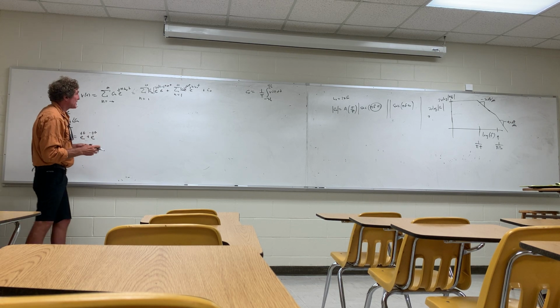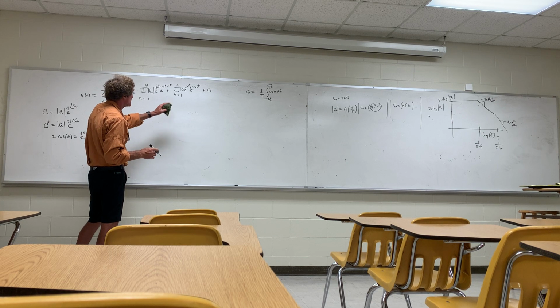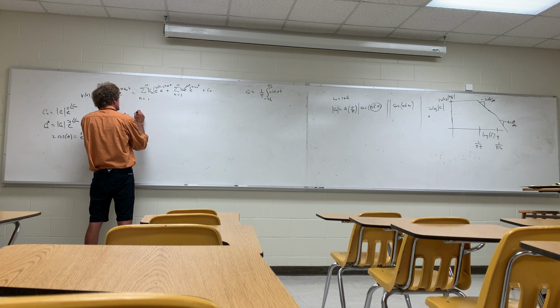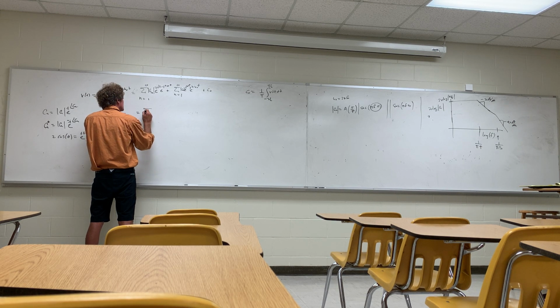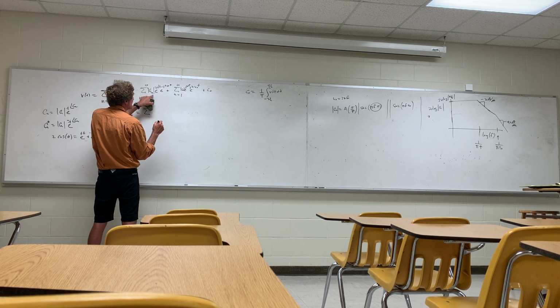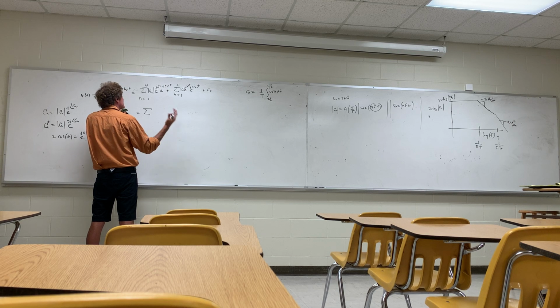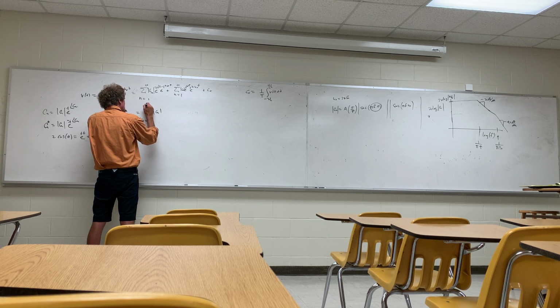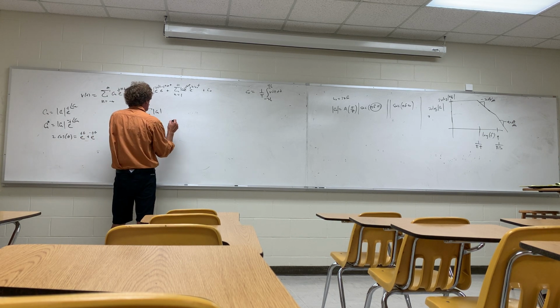And now, if you look here with this series business, just watch what I do. The sum is over the same range. So now I can say that this is equal to the summation. The C of n magnitude is the same, C of minus n is the same as C plus n. So I can take the magnitude of C of n out. Here my n goes from 1 to infinity. And then I have these terms.